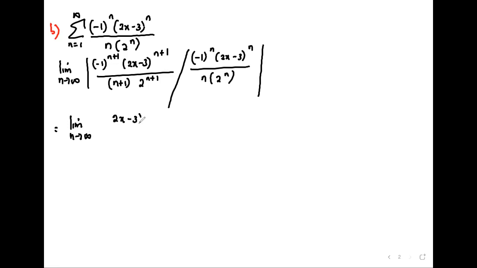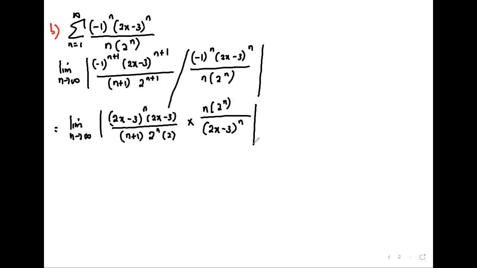And we remain with 2x minus 3. So now I'm expanding the n plus 1. This will be n multiplied by 2x minus 3 over n plus 1, 2 to the power n multiplied by 2, and then we multiply by n, 2 to the power n over (2x minus 3) to the power n, like that.